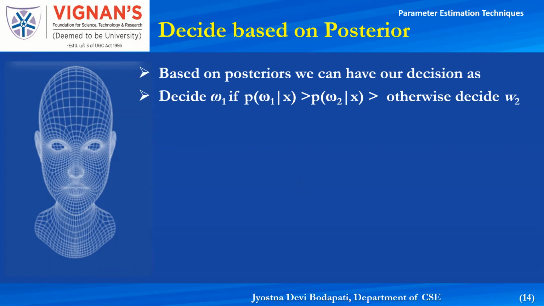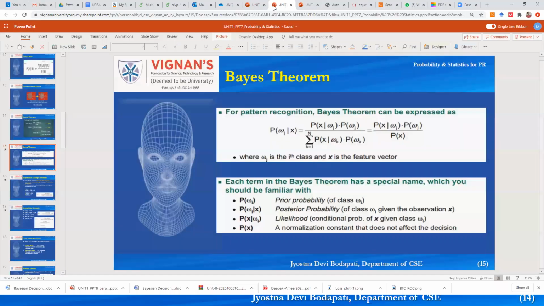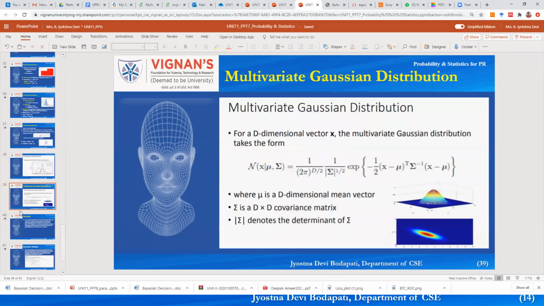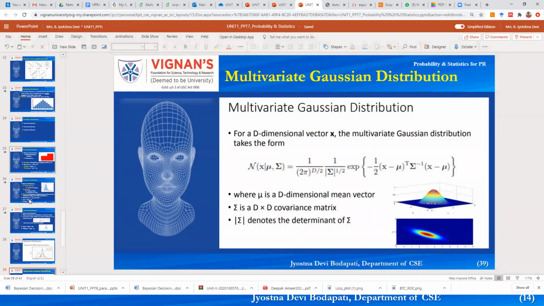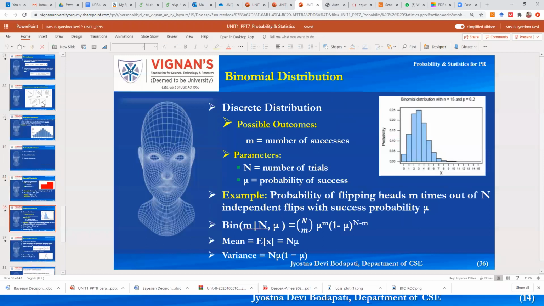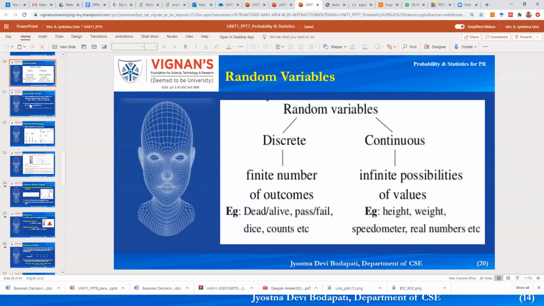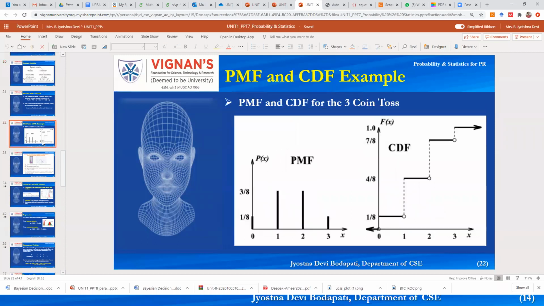Why I have stopped here is because you need a lot of basics on probability theory. That's the problem. That's why I could not proceed further. And I know people feel bored when I teach probability. So please go through the slides. I have even recorded a video on this, so you can check out this video and complete at least the last portion. I think I have covered till here, if I am correct. Because if you don't understand these things, I cannot proceed further.